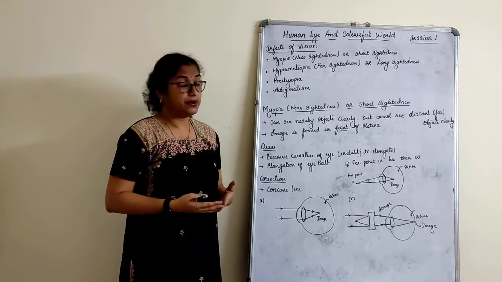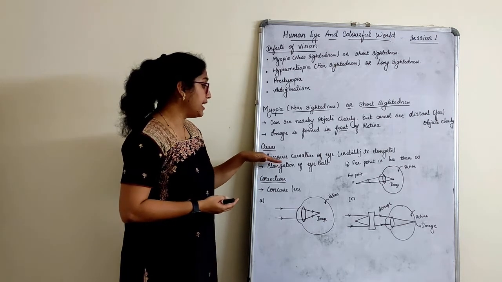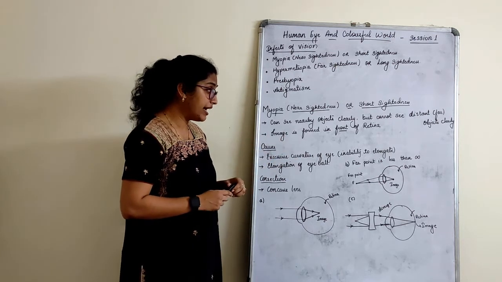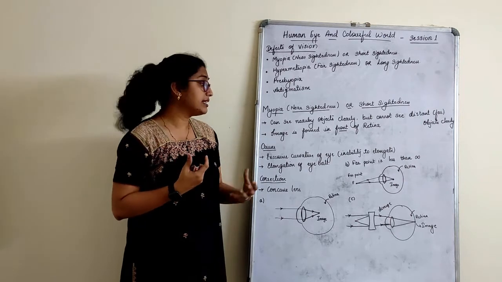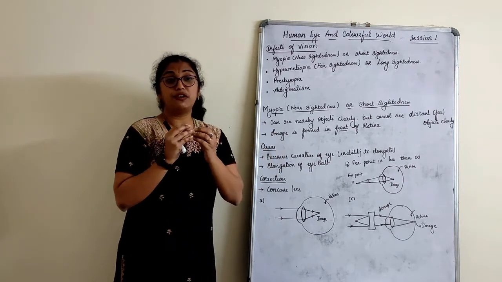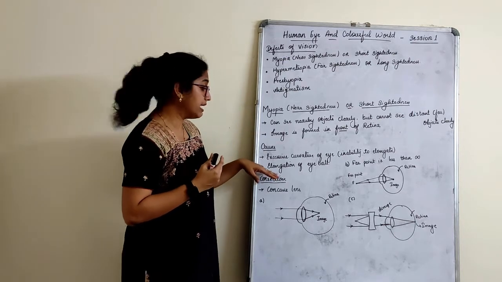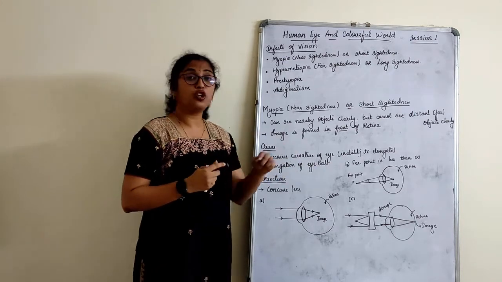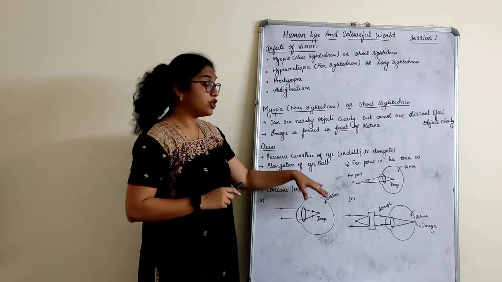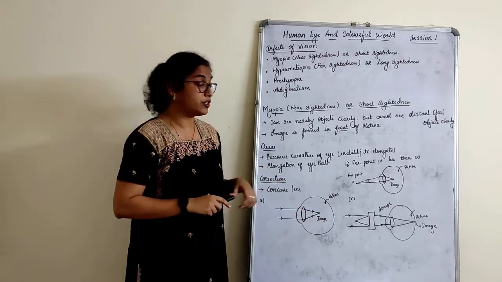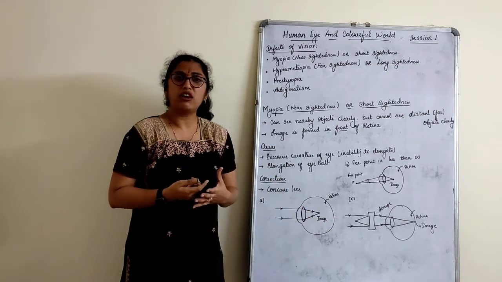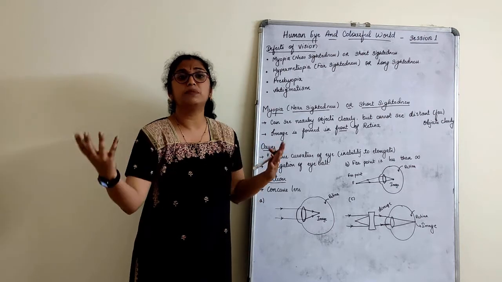Why will this happen? It can happen because of the excessive curvature of the eye, that is, the inability of the lens to elongate. Another reason is elongation of the eyeball. I'll make you understand this once we see the image here. Elongation of the eyeball simply means your eyeball has become big.